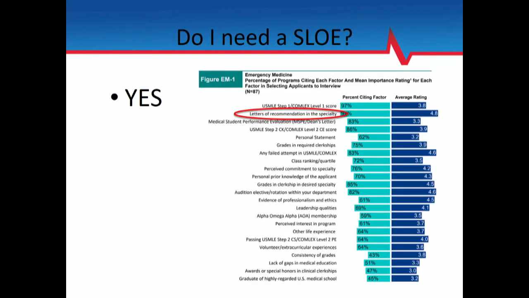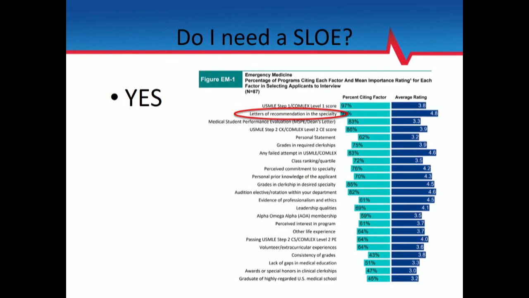Do you need a SLOE? Yes, yes, yes, you need a SLOE. You need a couple of SLOEs. This figure here is from a survey that's done every 2 years of program directors. It's actually done of all program directors, but this graph is for emergency medicine. It asks the program directors to rank what they consider to be important in determining which applicants they'll give an interview to, and which ones they look at and how important those factors are.